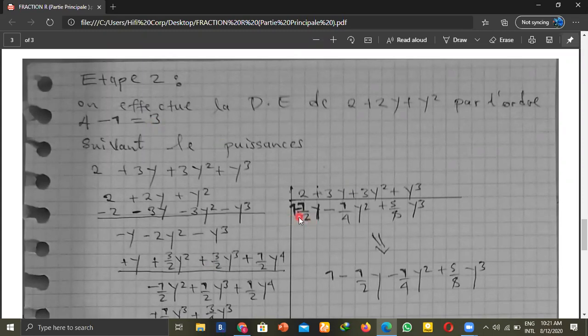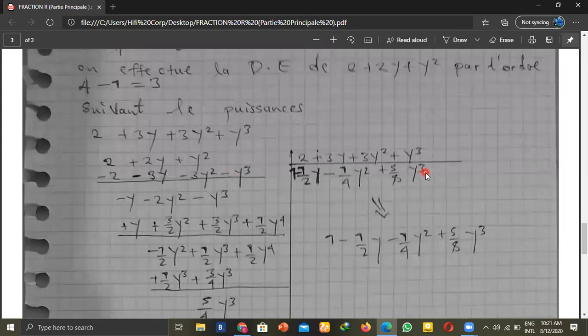So we'll do the division euclidienne until we reach here, to the power 3. When we just reach here, then we end, because mind you, we're finding 4 reals: lambda, alpha 3, alpha 2, alpha 1. There are 4. You know that you start with a constant in a polynomial, so we've got 1, 2, 3, 4.